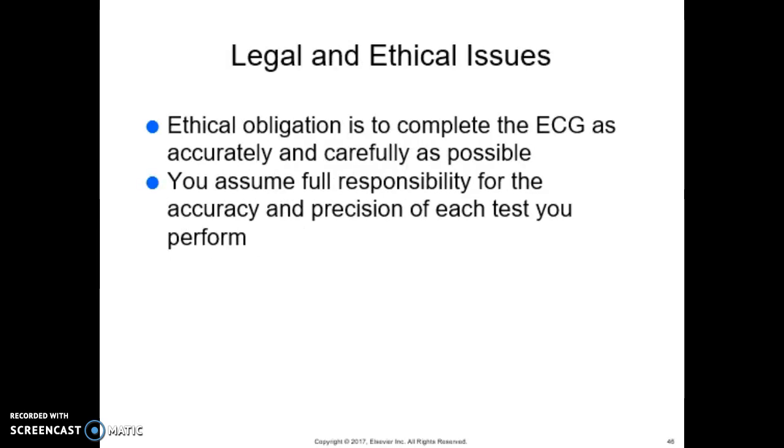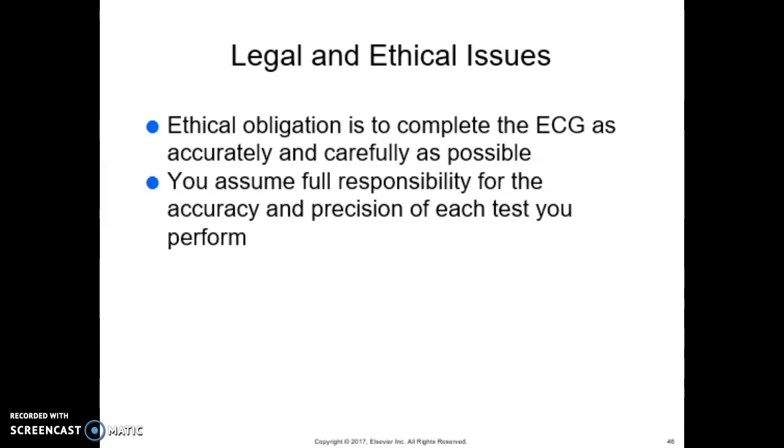So legal and ethical issues here. We have an ethical obligation to complete the EKG as accurately and as carefully as possible. If we do not do this, we could miss very important information that could lead to death eventually.